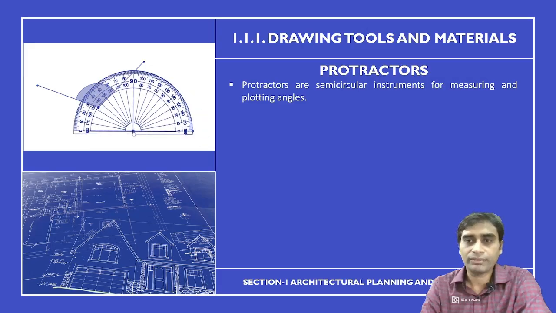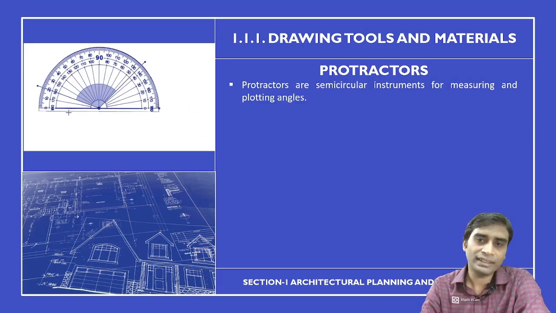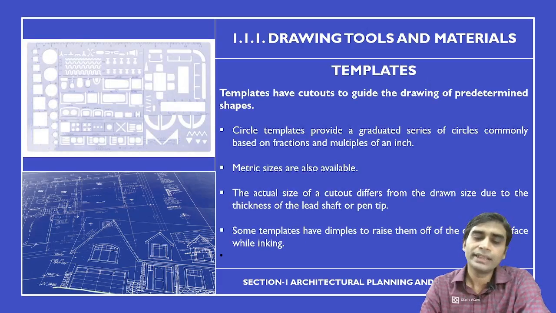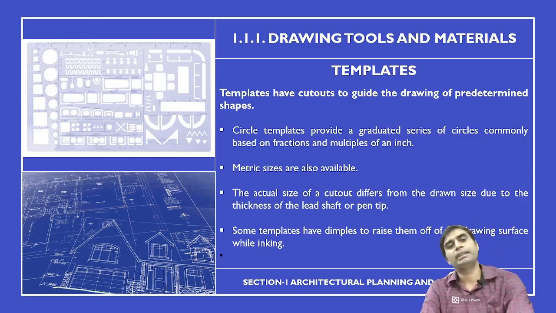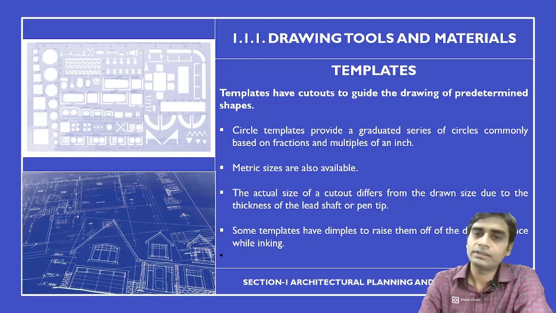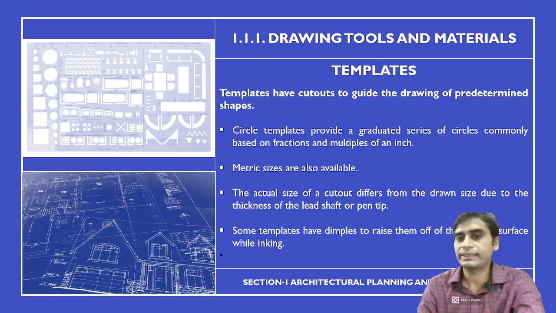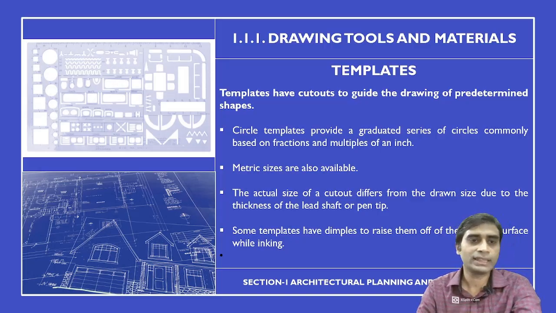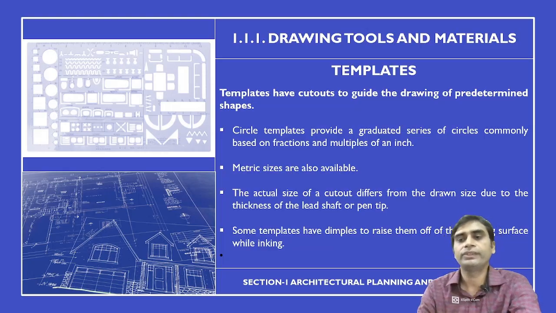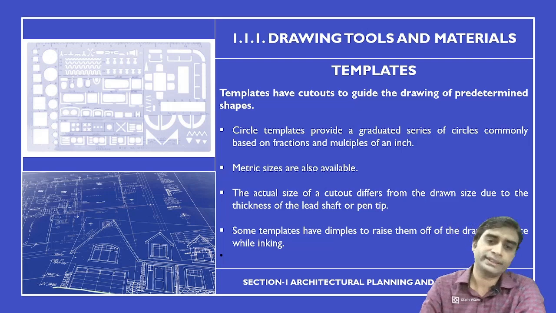Next is the protractor for measuring angles. Next is the templates, architectural templates, we were using for drafting. It comes in various scales, series, and various metric sizes. A particular template we used to take and directly draft in the sheets.